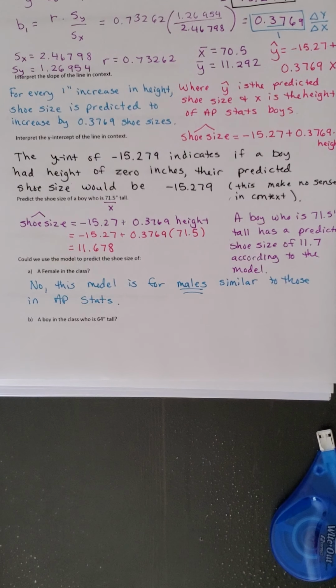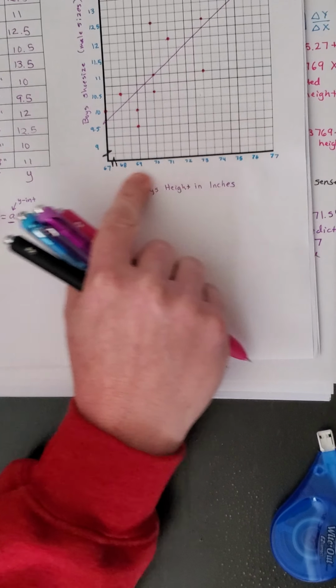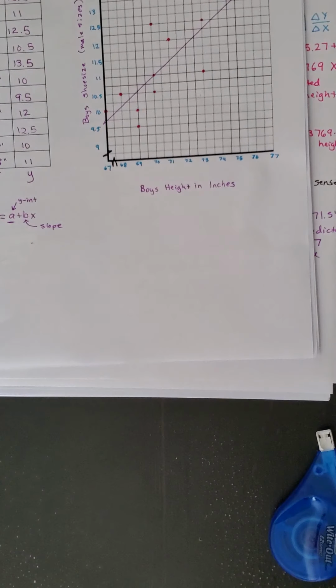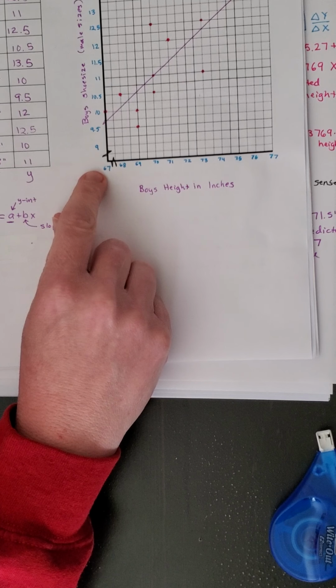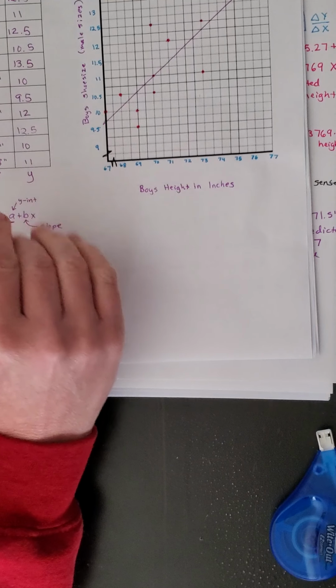So let's take a look at our scatter plot. And so our data for height went from 67 inches to 77 inches. And so what we would be doing if we were to use 64 inches, well, 64 inches would be 3 inches below anyone else in the class.